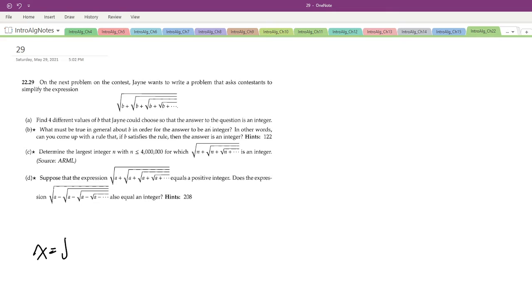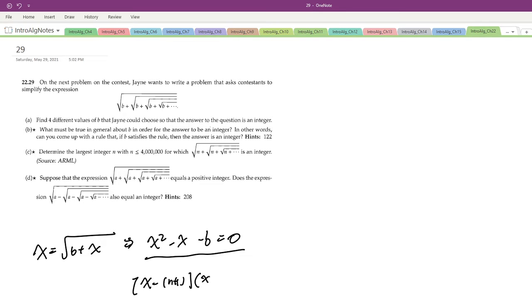So x equals the square root of b plus x. Now we have x squared minus x minus b equals 0, right? If we want the answer to be an integer, we can factor it as x minus n plus 1 and x plus n.